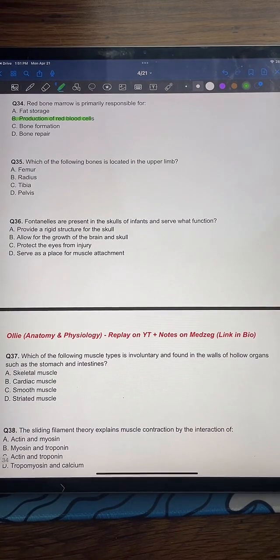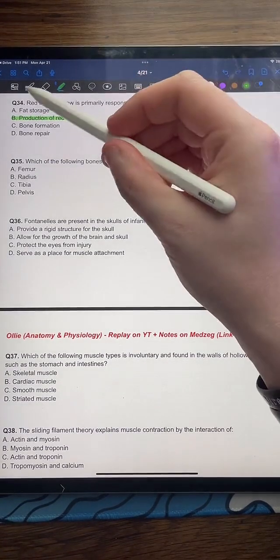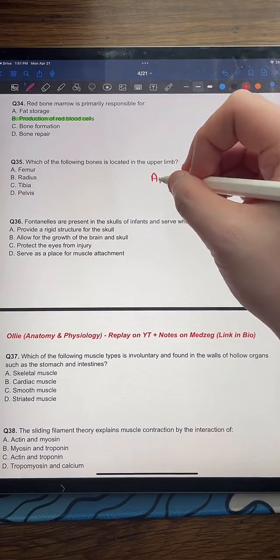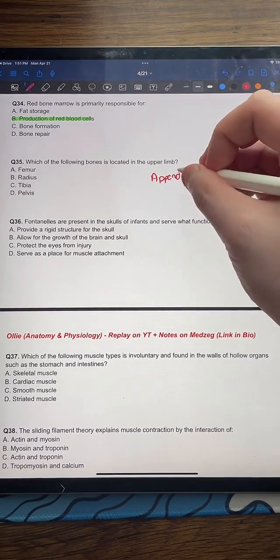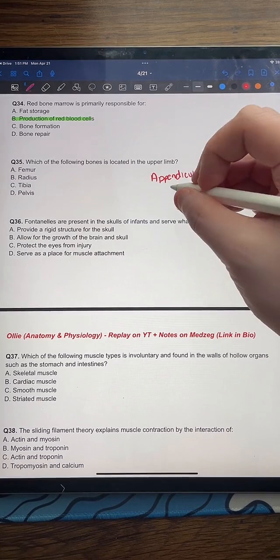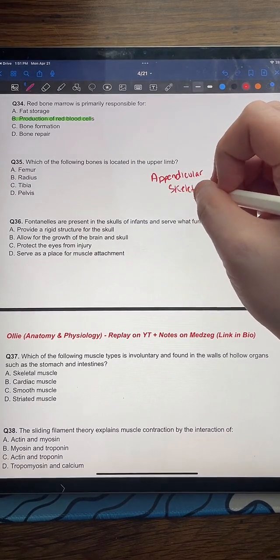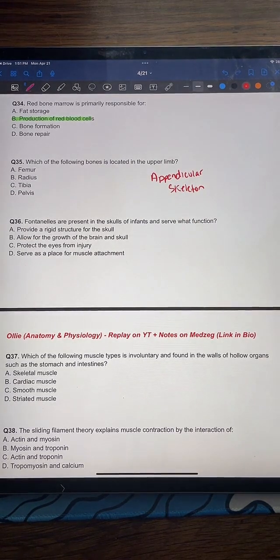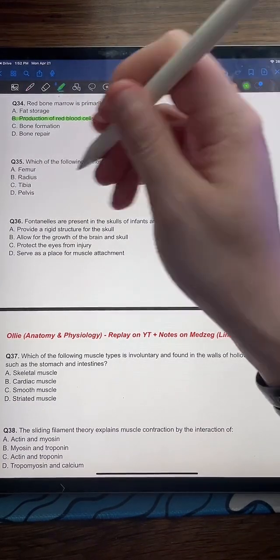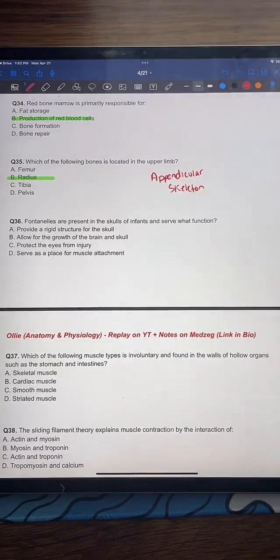Number 35, which of the following bones is located in the upper limb, otherwise known as part of our appendicular skeleton? Awesome. The answer is B. It is the radius.